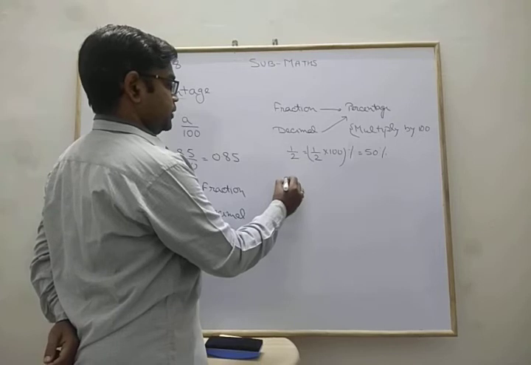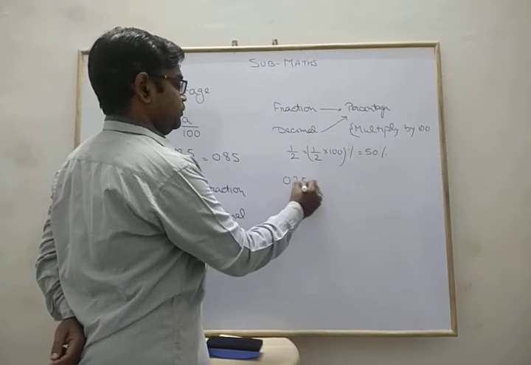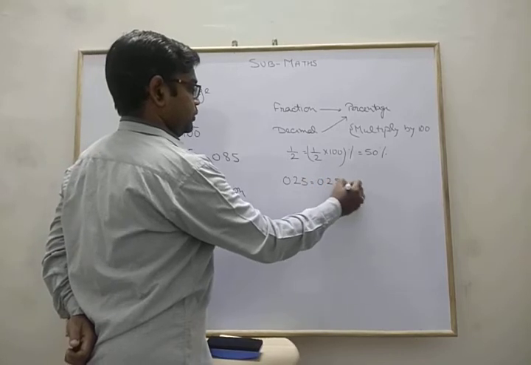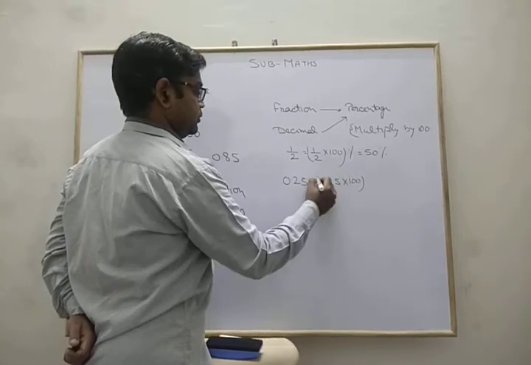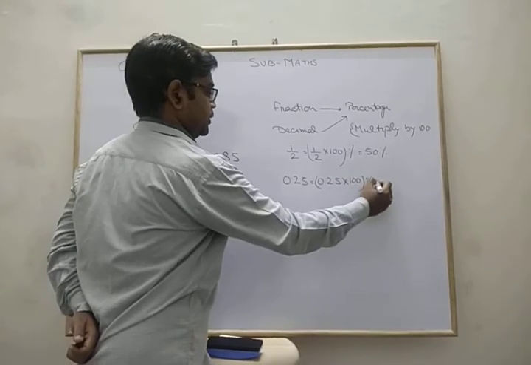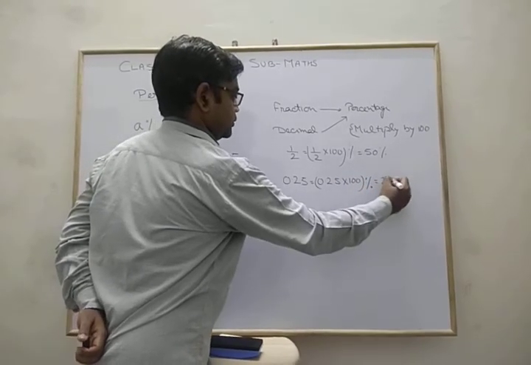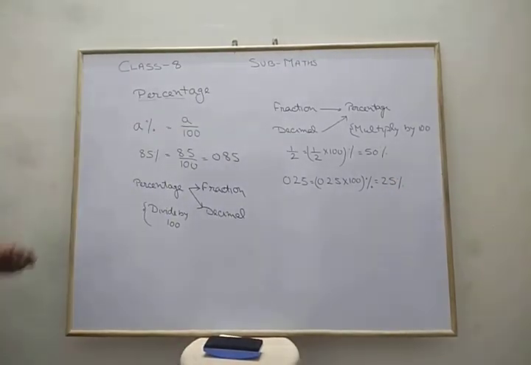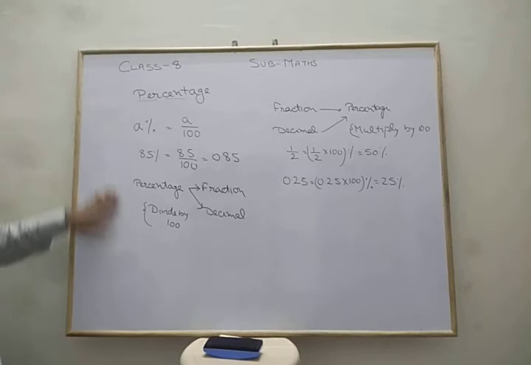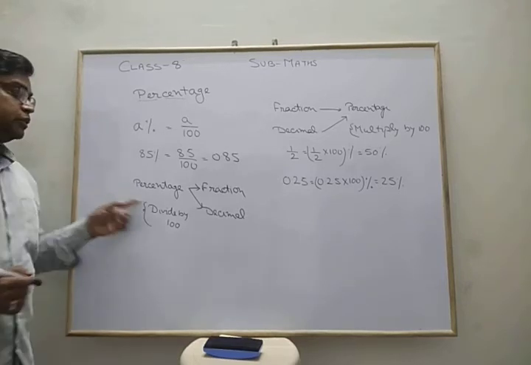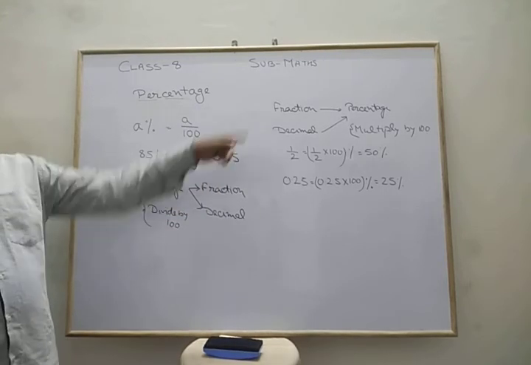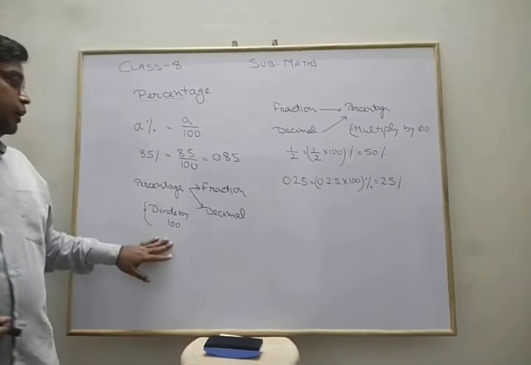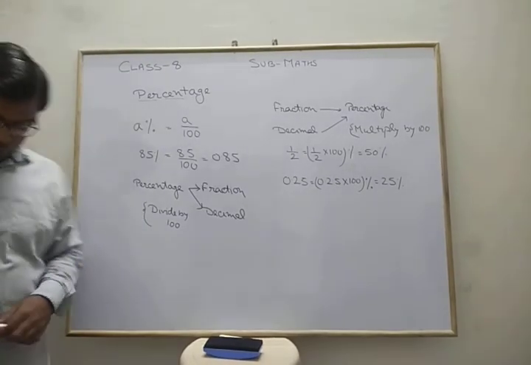And if anyone says convert 0.25 into percent, then 0.25 into 100, it's 25%. This is the concept of conversion from percentage to fraction and decimal, and from fraction and decimal to percent. You must remember these two parts: when we multiply, when we divide. Then we move to our next part.